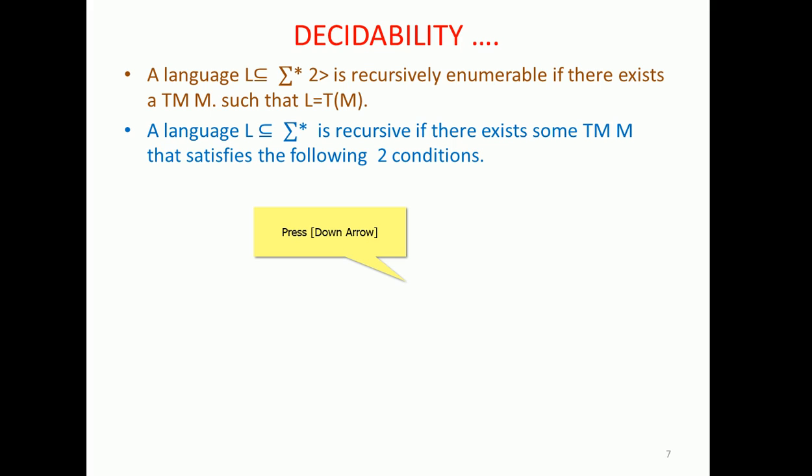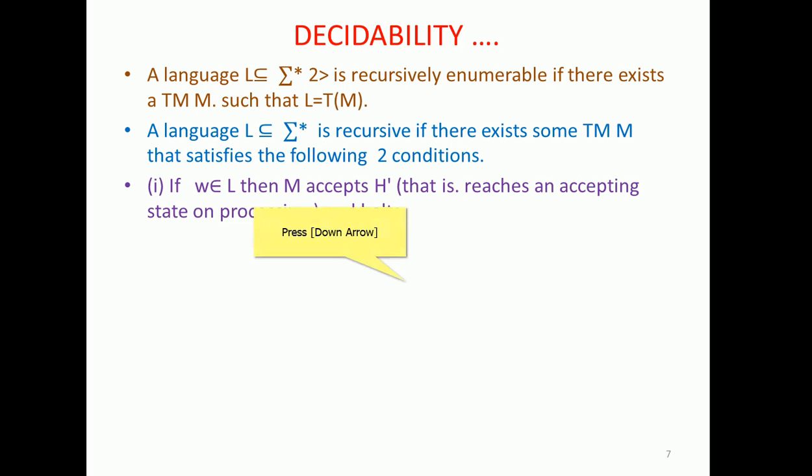L is a subset of sigma star, and sigma star contains certain finite inputs. The language is drawn from those inputs; the language will accept those strings, so it is a subset. Then we need to see these conditions. What is W?